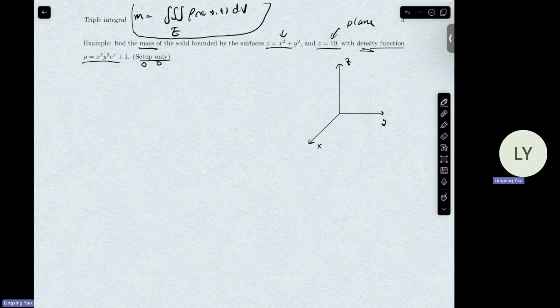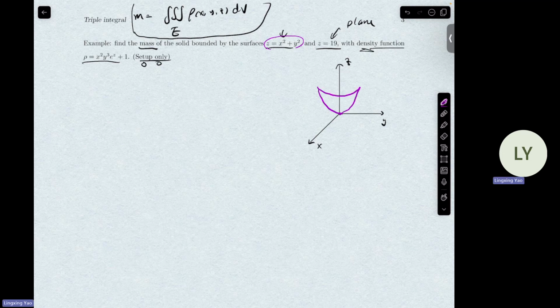All right, so we want to know first where this paraboloid is. Well, the lowest point of this paraboloid will be the origin for sure, right? Because when x, y both equal 0, z is 0. And when x, y are not 0, z will be positive. So the paraboloid will be opening up.